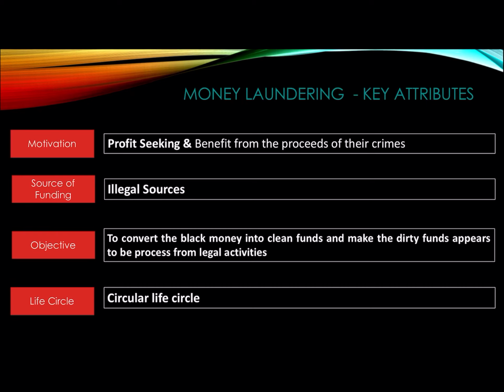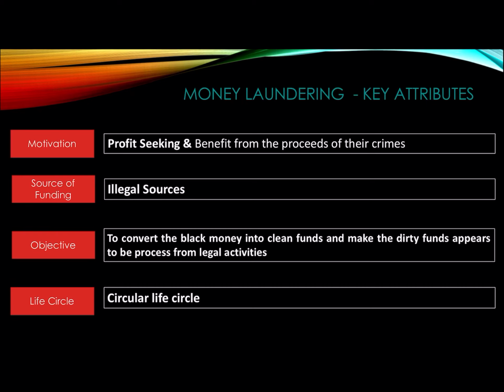I can purchase high value goods, like jewelry, a car, or an asset like a house, and at the same time I make the dirty fund appear to be coming from a legitimate source.